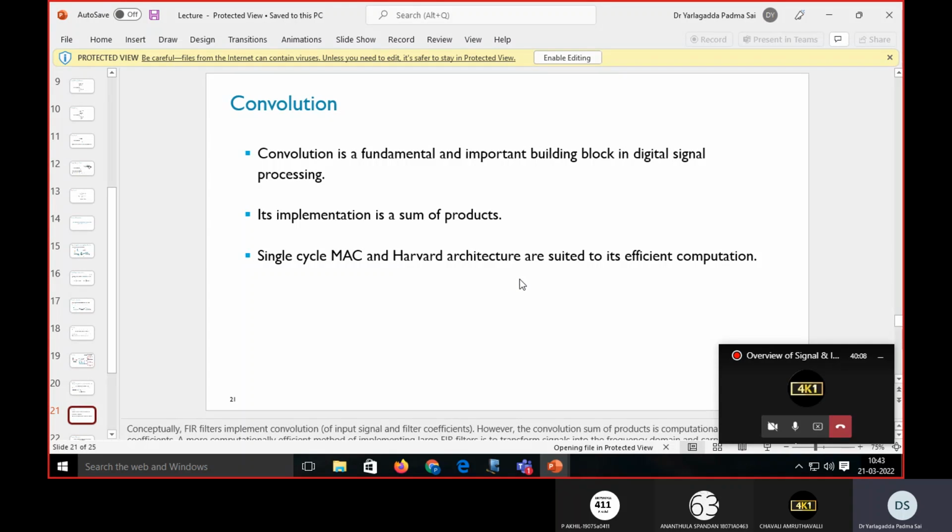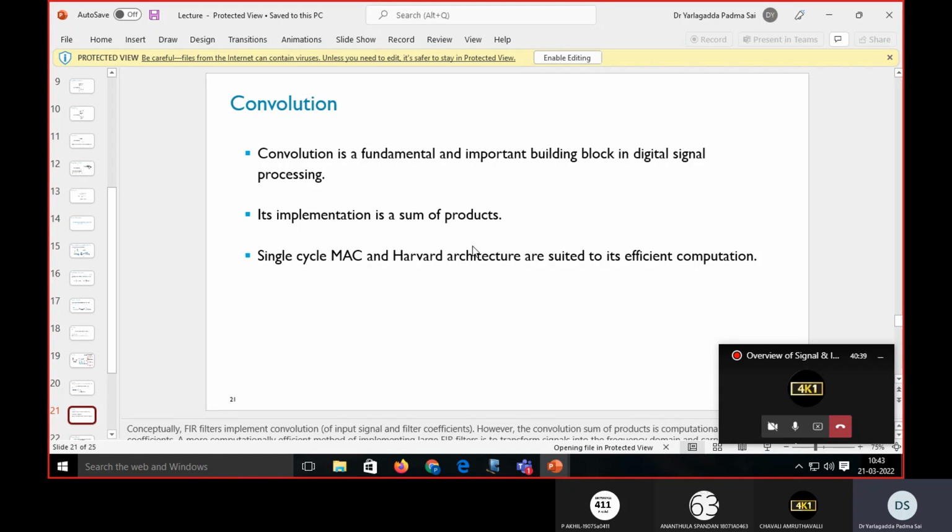In microprocessors we call that architecture von Neumann. In DSPs we have Harvard architecture and VLIW, very large instruction word. What is the advantage of these architectures? Previously, in the initial von Neumann, you had only one bus for program memory as well as data memory.